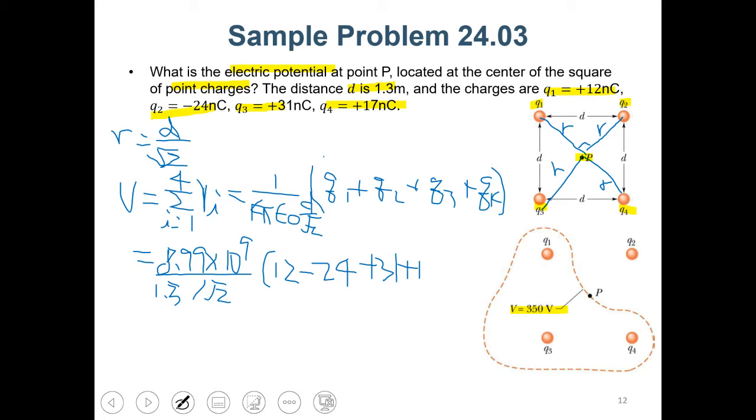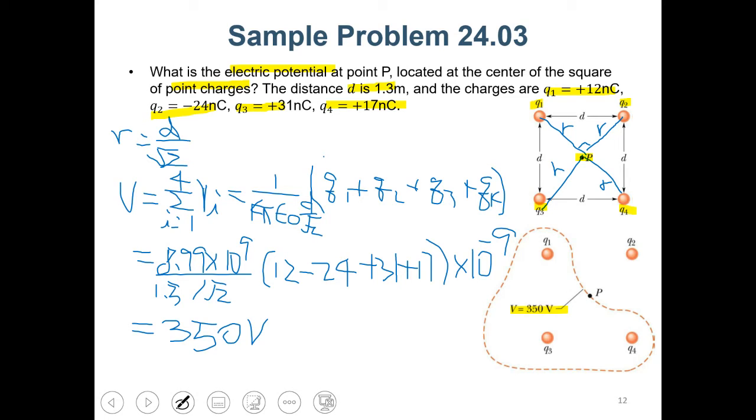Q4 is 17 times 10 to minus 9. You need to remember the metric prefixes: nano, pico, femto, micro, something like this, what I've mentioned last time. So finally, the answer should be 350 volts.